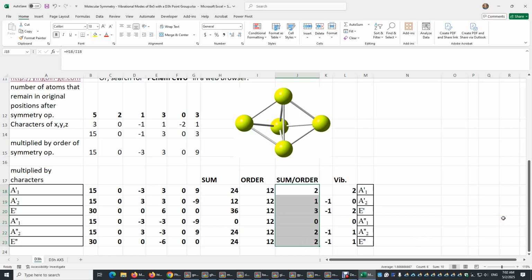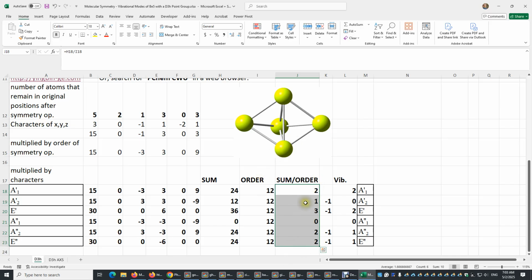If not, there's something wrong, because they are the number of motions this structure may have. So when we have 5 atoms, each atom has 3 independent coordinates, x, y, and z. And then we have 15 independent coordinates. If you have 15 independent coordinates, you have 15 motions.